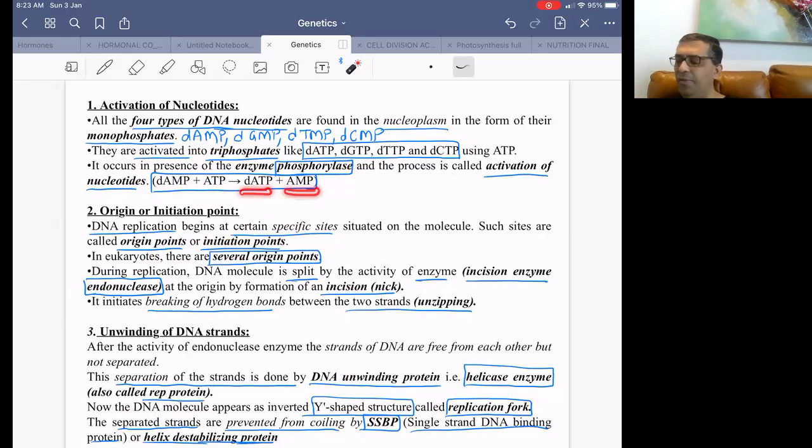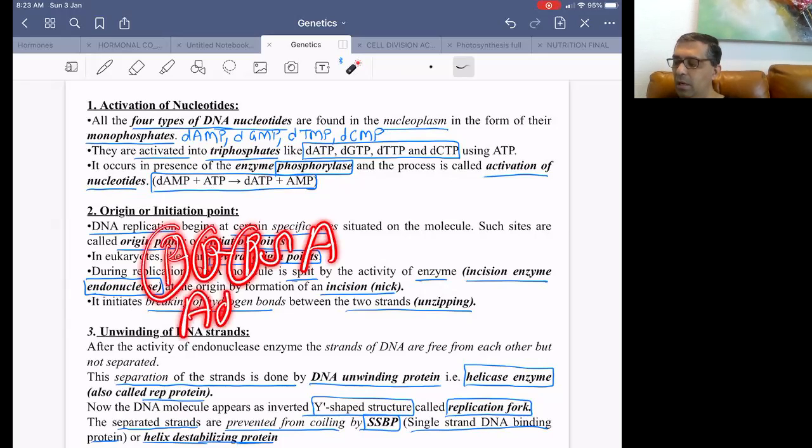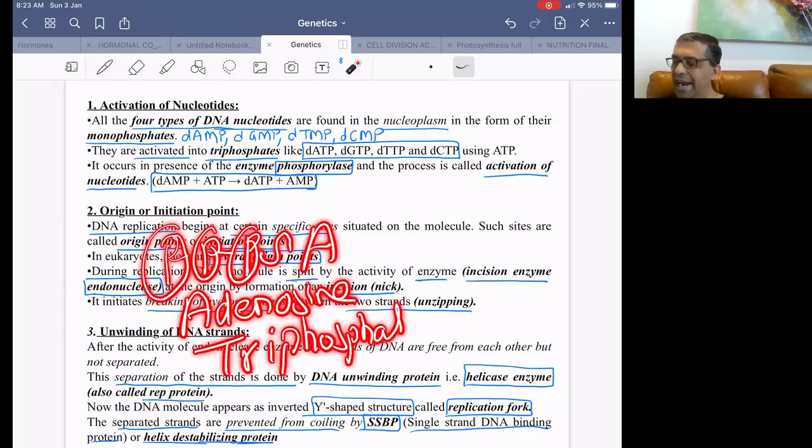So once again, if you see this carefully, this is adenosine, this is phosphate, phosphate, phosphate. This is adenosine triphosphate, ATP. And this is deoxyadenosine monophosphate.